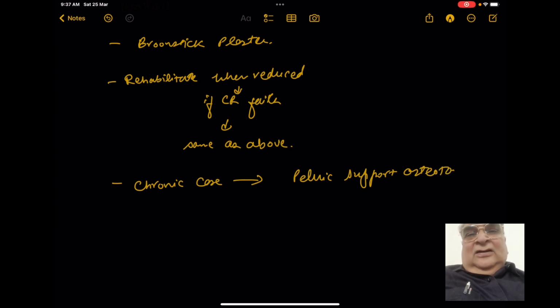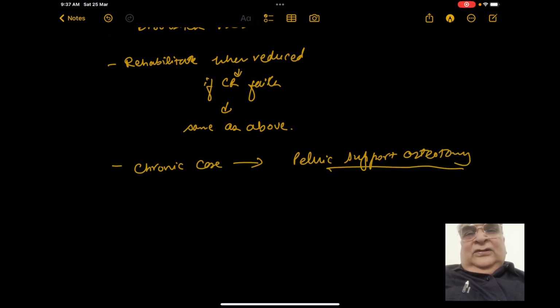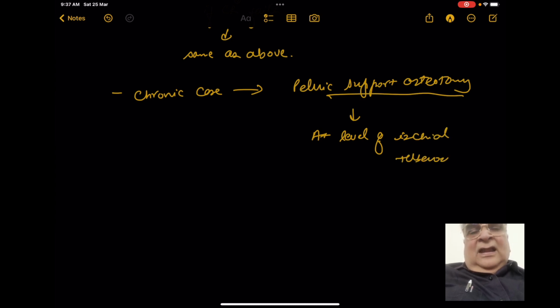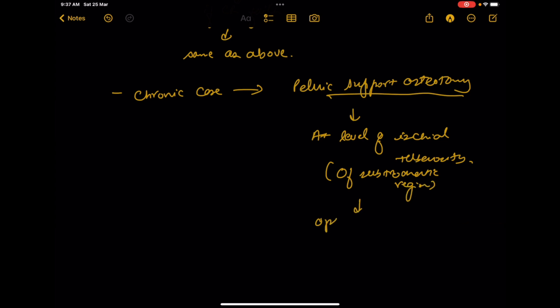The pelvic support osteotomy is an osteotomy of the subtrochanteric region at the level of the ischial tuberosity, which is usually open wedge, and the valgus angle is equal to pelvic angle.